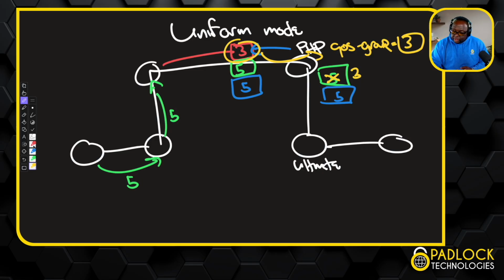Then as it gets to the last router, the ultimate router, before it pops it off, and this is with implicit null, it's still, let's say, a 3 and a 5, right? That's what it looks like there. Now, before this ultimate router pops it off, it does the same copy. You have to manually do this, by the way. It doesn't do it automatically.